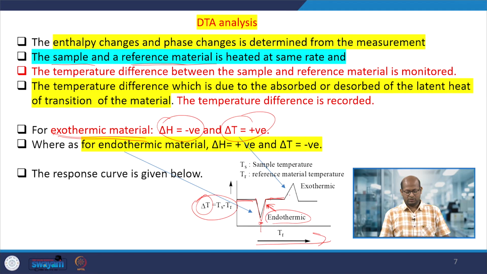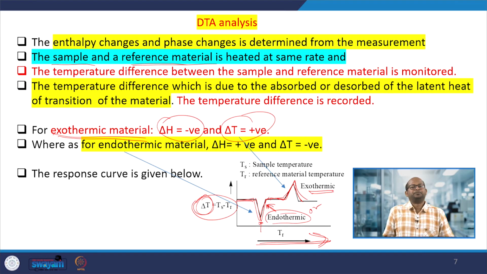Or if it goes this way, meaning delta T increases, then the material would be exothermic. So as we increase the temperature, if delta T behaves like this, it is endothermic, and if it behaves like this, we can say it is exothermic.